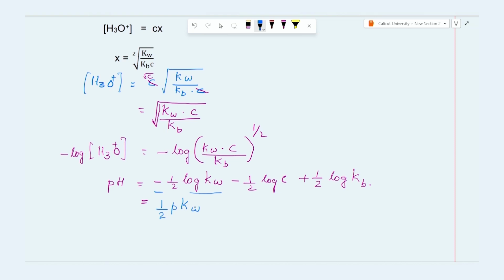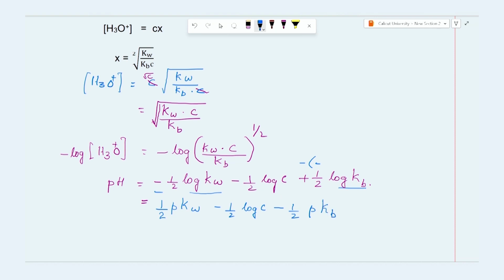Of course, the half is there. Now, again here you can't do anything, it is simply log C. So, that is equal to minus of log C. Now, in this case I can make it as minus of minus, and this minus and log Kb together I can make as pKb.